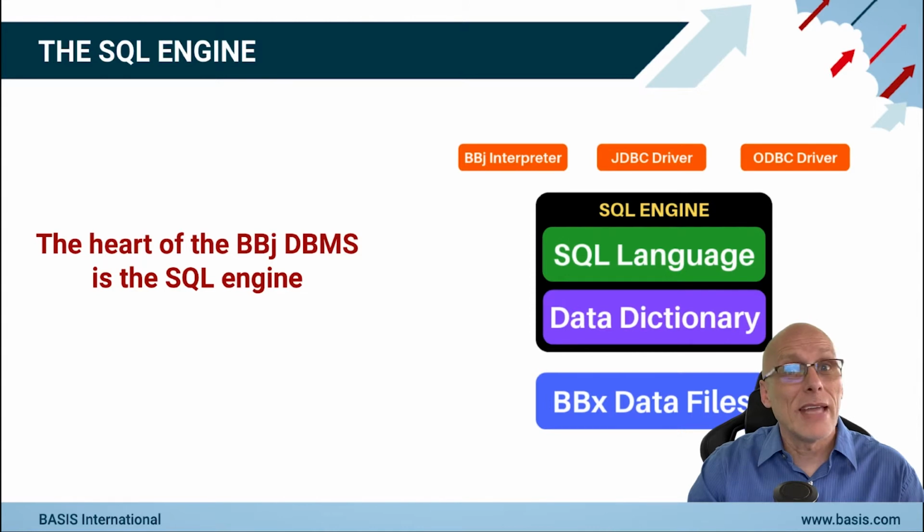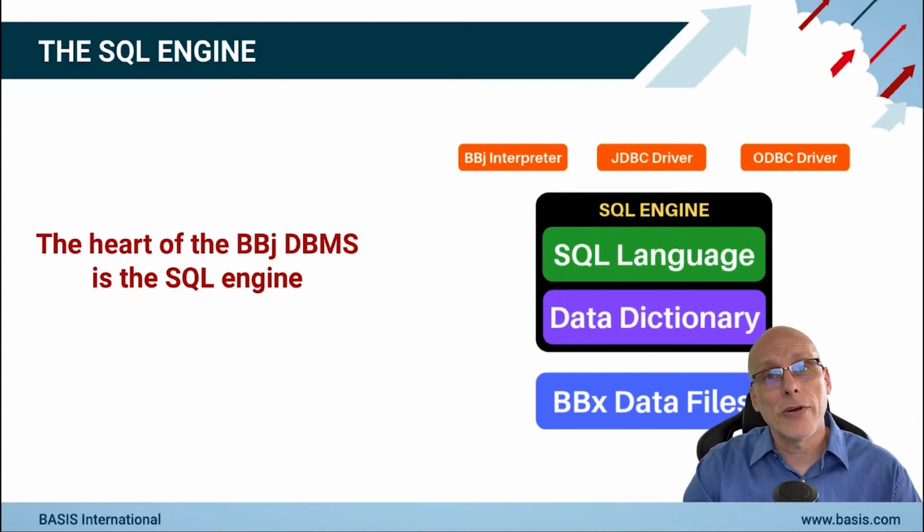So that's where the data dictionary comes in. The data dictionary contains information necessary to understand and parse that data contained in those records so that it can return it as column values, for example. So it knows how to extract from a customer table the customer number, the first name, the last name, and so forth.